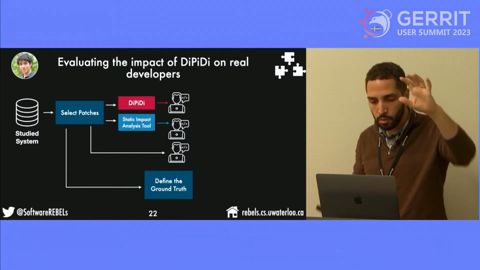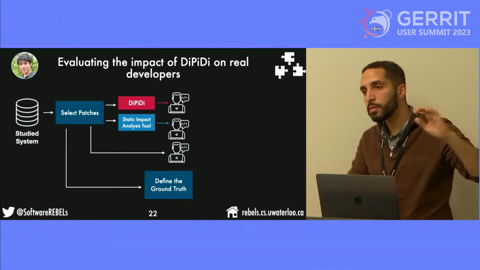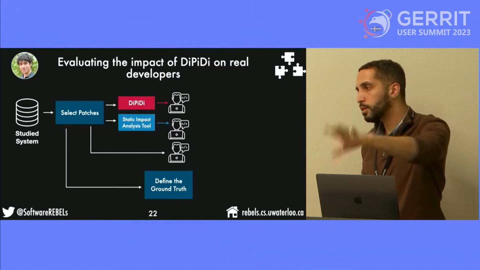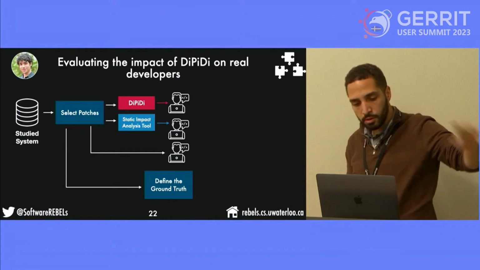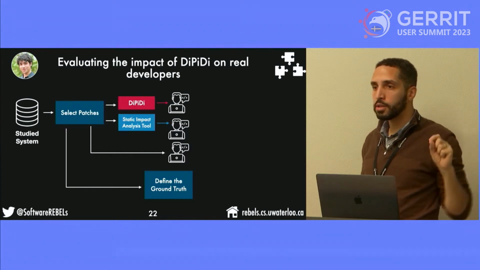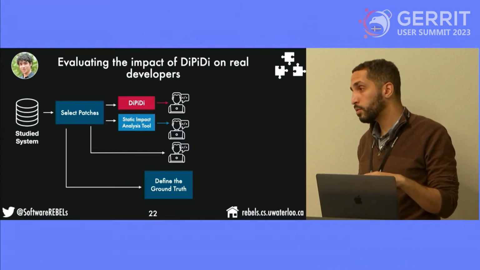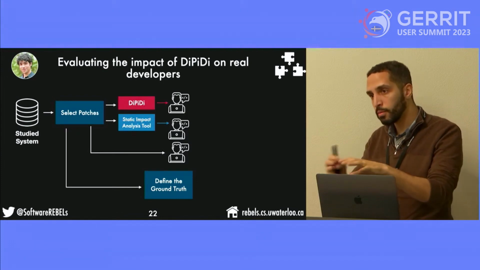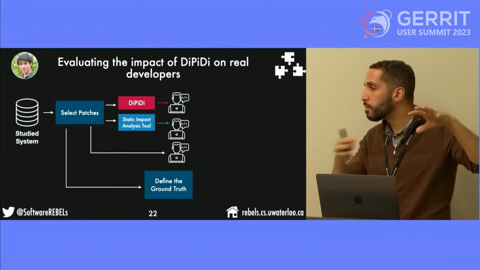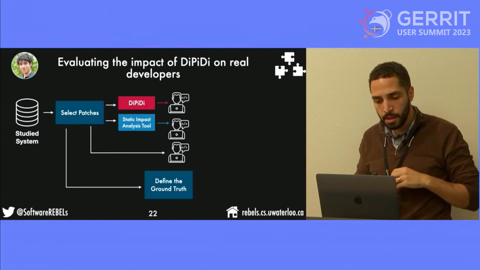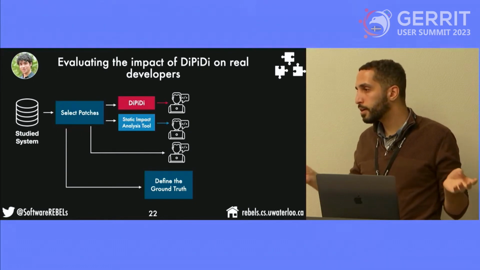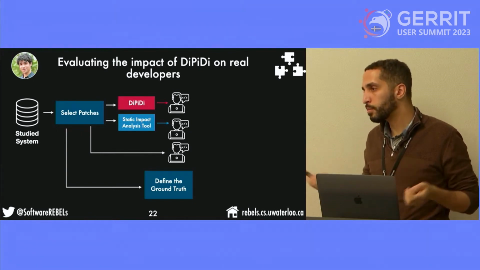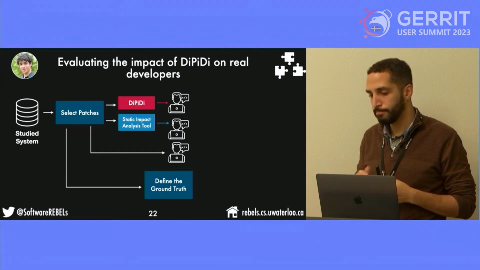One group, we gave the patch set and the DippyD tool. One group, we gave the patch set and a static analysis-based tool. This is still dependency-based, but only from scanning the code, not from scanning the build files. And the other group was given nothing, just to control for the placebo effect.